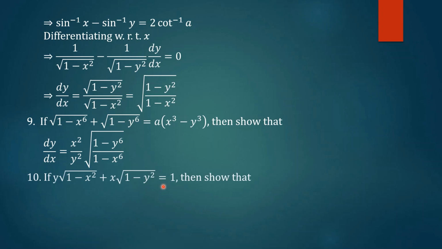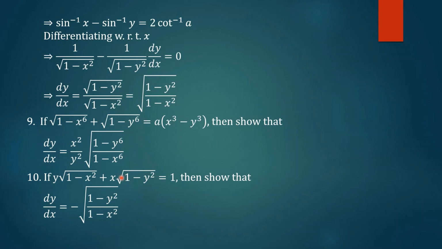You see, this is the question. If y into root over 1 minus x square plus x into root over 1 minus y square is equal to 1, then show that dy dx equal to minus root over 1 minus y square by 1 minus x square. Same problem here also. You take x is equal to sine theta, y is equal to sine phi. So it is sine theta cos phi, cos theta sine phi format will be there. Sine of theta plus phi, or cos of theta plus phi, or sine of theta minus phi, or cos of theta minus phi.